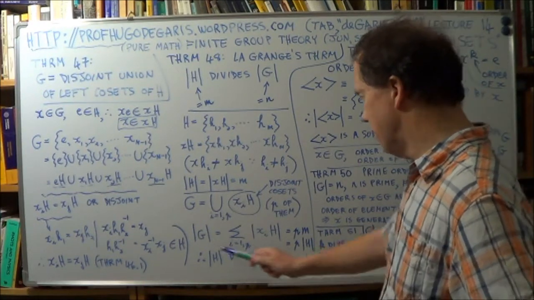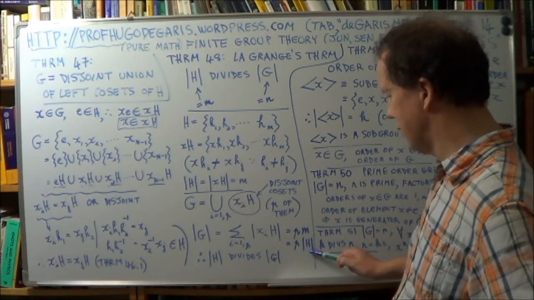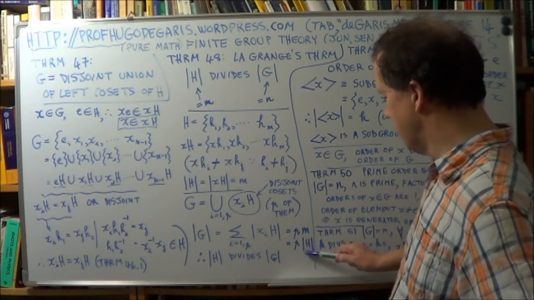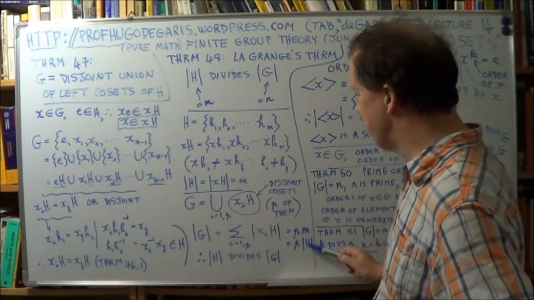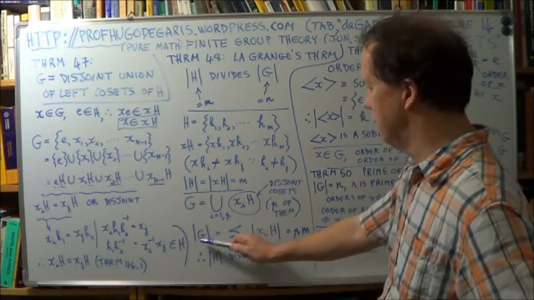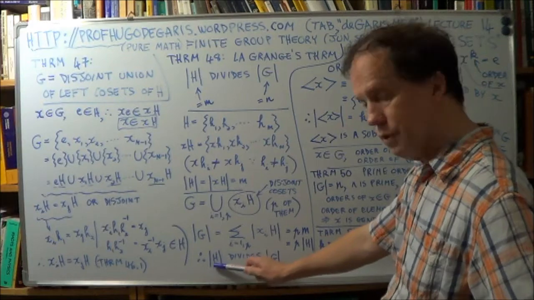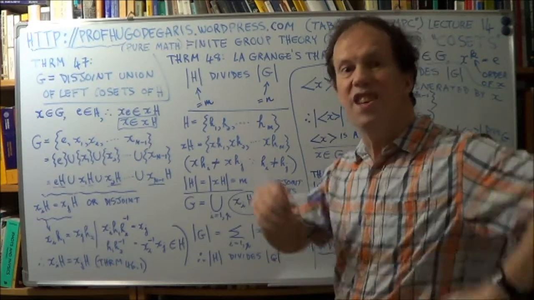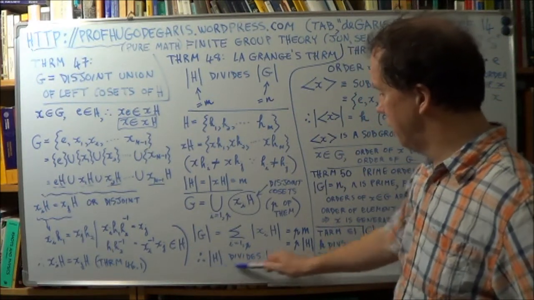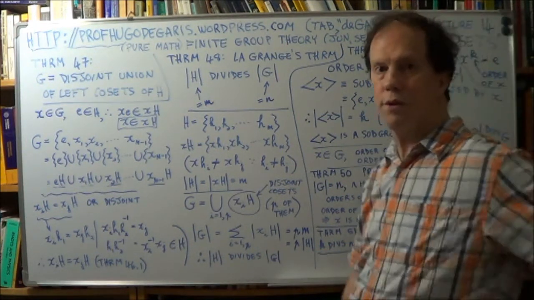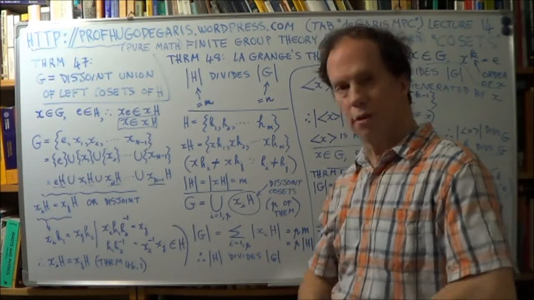So the size of G is equal to some integer times the size of H. That means that the order of H is a factor of the order of G. It divides G. So there it is: the order of your subgroup divides, or is a factor of, the order of your group, the parent group. And there it is, one of the most famous results in all of finite group theory, Lagrange's theorem.